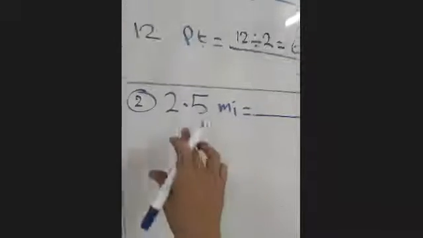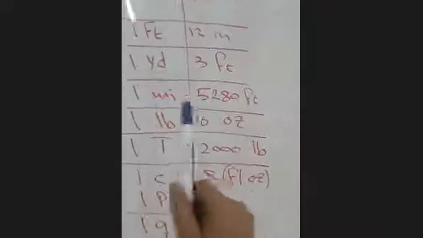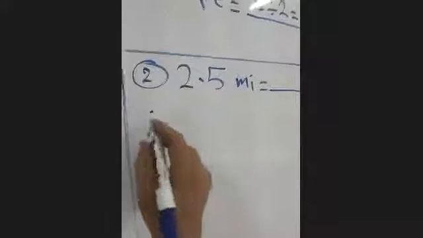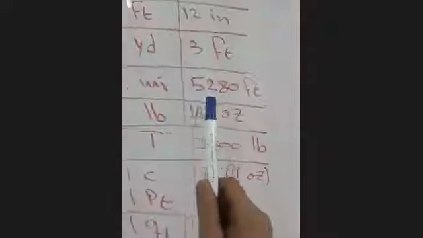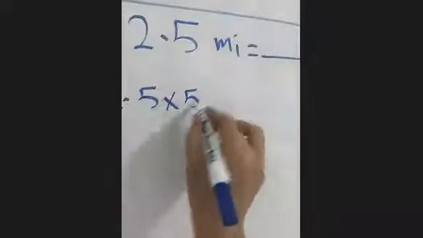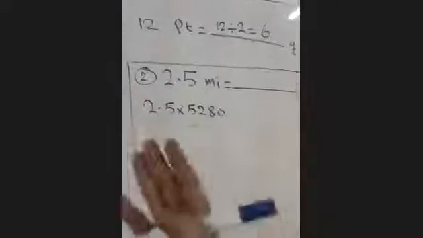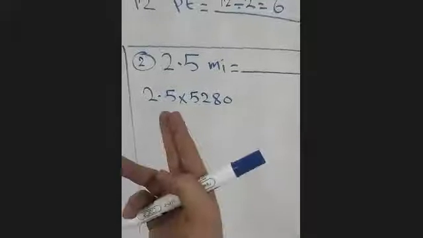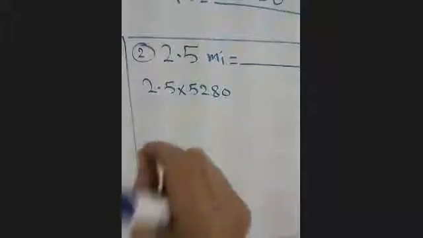Now let's do 2.5 from miles to feet, from larger to smaller, we multiply by this number, 2.5 multiplied by 5280. In grade 5 we learned how to multiply with decimals. If we have a decimal, if you remember, we multiply without the decimal, then we count the digits, then we put our decimal.